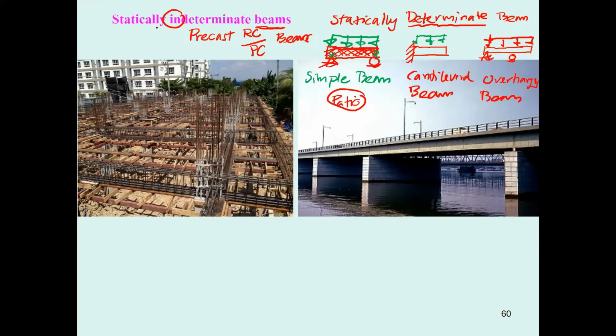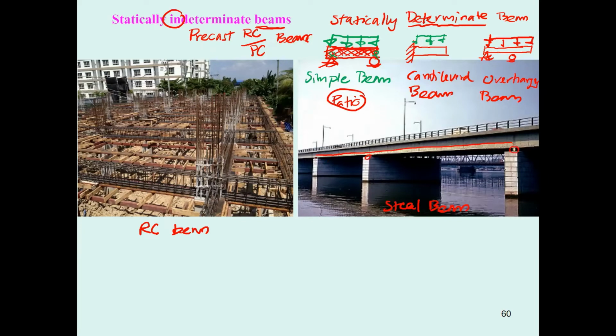And then we come to the statically indeterminate. I'm showing you a steel beam on a bridge, and also the reinforced concrete RC beam that is over here. You can see most of the bridges that are constructed use this kind of roller.